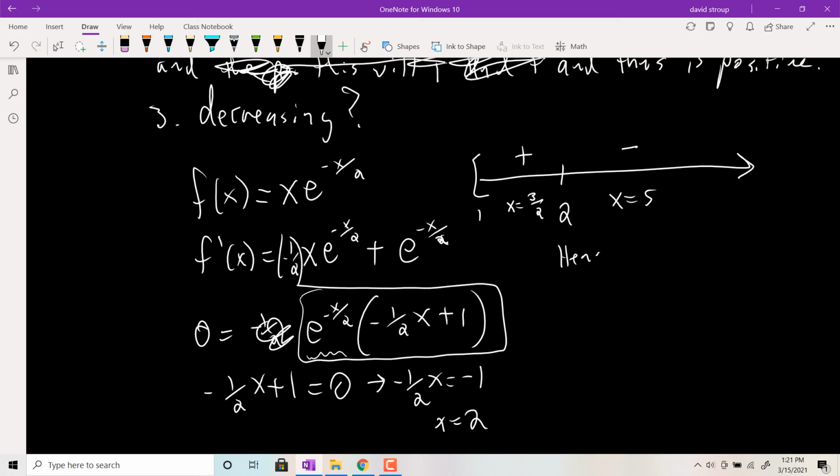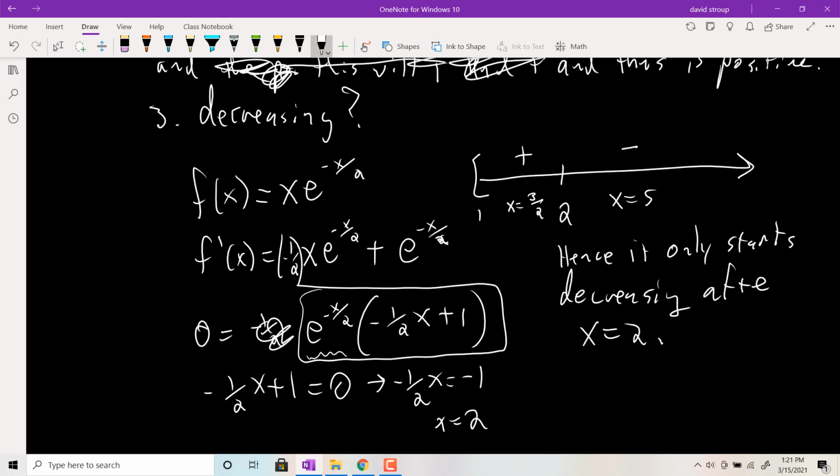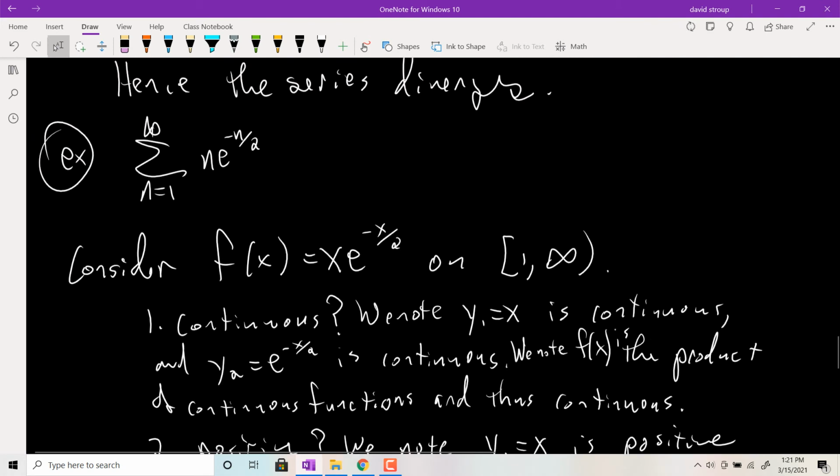So hence, it only starts decreasing after x equals 2. So what we do is just push out that number from 1 to 2.